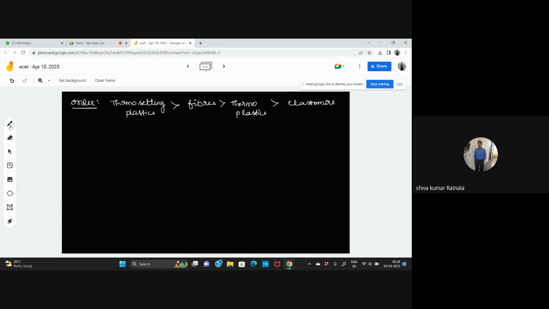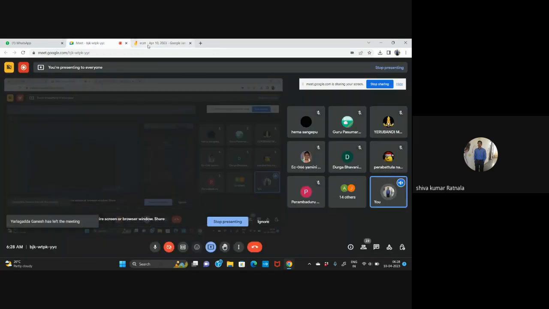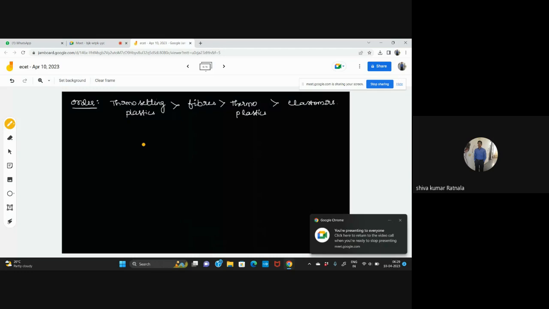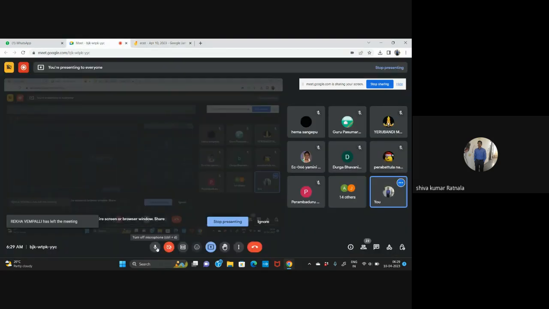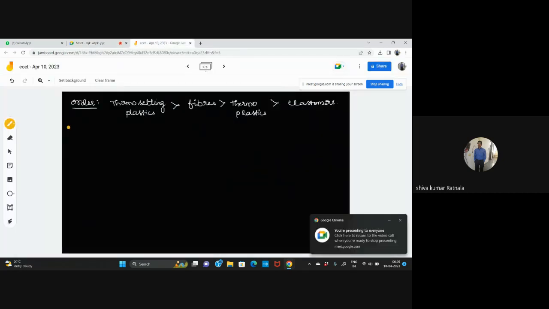As we have discussed, in this topic we are going to discuss mainly two polymers: addition polymers and condensation polymers. We are mainly going to discuss some examples of addition polymers and condensation polymers.